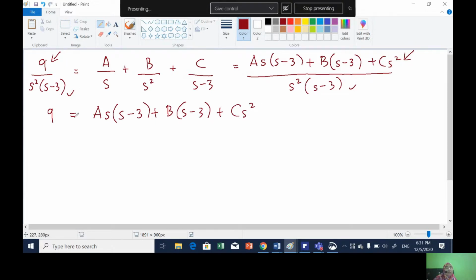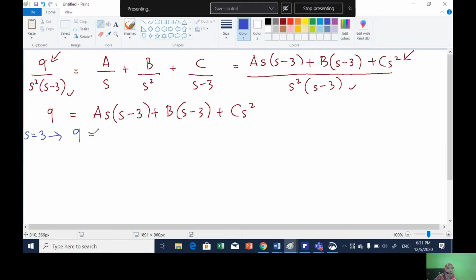Compare numerator. Very simple. We are supposed to find the A, B, C values. We can choose s equal to 3, the fastest result. When s equals 3, this part will be 3 minus 3, 0. So A will be times 0, B also will be times 0. We have this part non-zero, which means we can find the value of C. So this gives us 9.